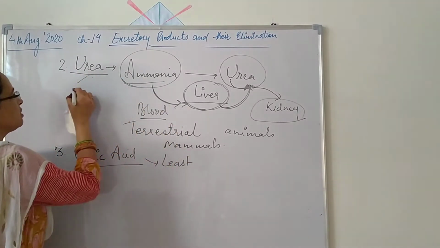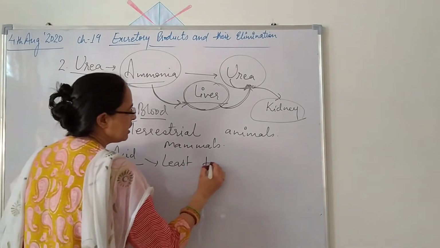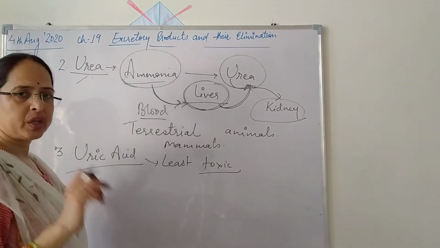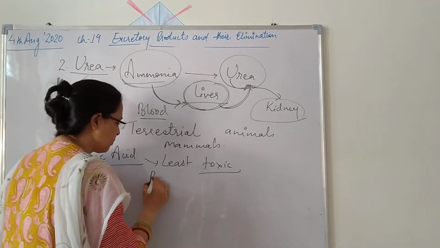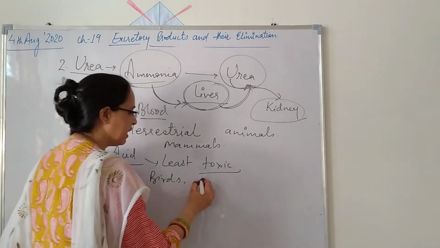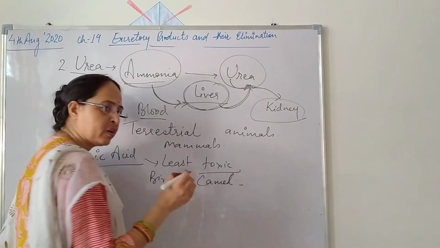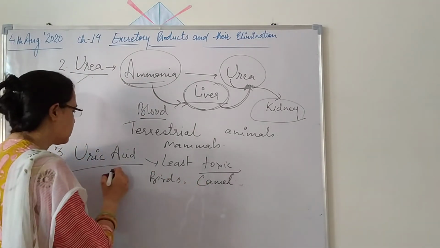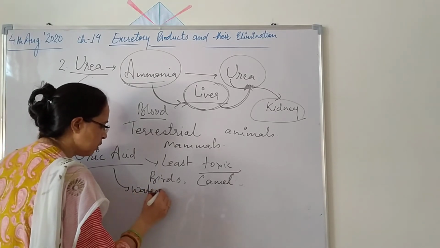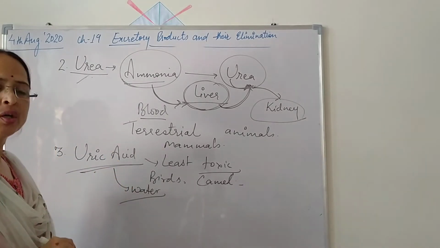Though urea is less toxic than ammonia, uric acid is least toxic, and it is a waste product of birds or animals living in desert areas like camels, where the organisms release this uric acid along with a very little amount of water.